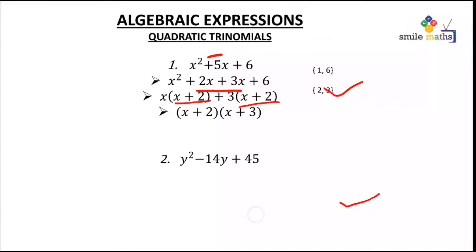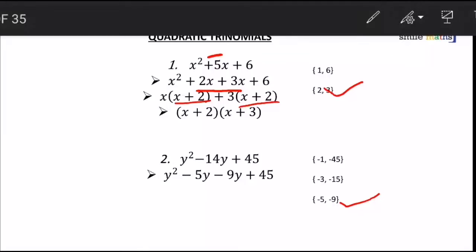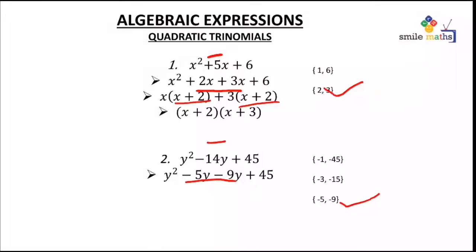So in our next step, we are going to have y squared minus 5y minus 9y plus 45. When we do negative 5y minus 9y, it gives us negative 14y. Factorizing them, we have y out, and we have y minus 5, then minus 9 out, y minus 5.